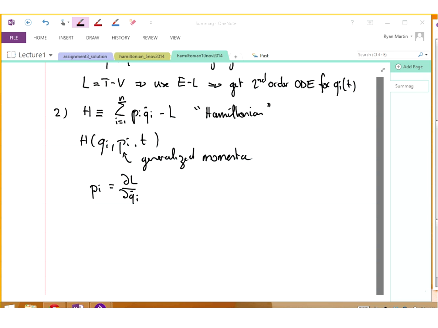So if you want to go from L to H, you have to define the p_i's as such. If you're going the other way around, we found that the q_i dots are given by ∂H/∂p_i.